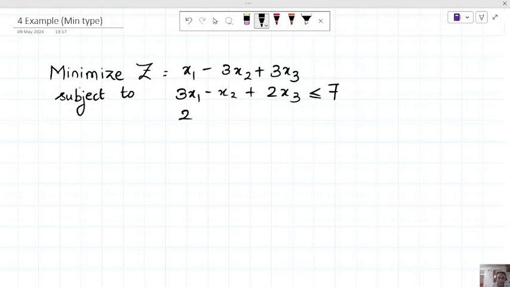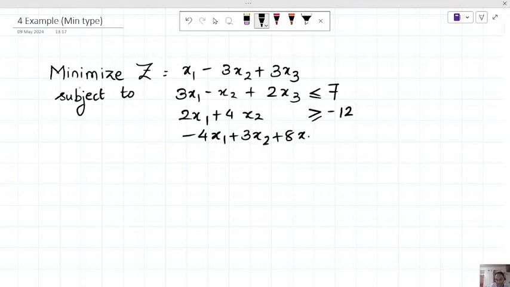The another one is 2x1 plus 4x2 greater equal minus 12. Minus of 4x1 plus 3x2 plus 8x3 less equal 10, where non-negativity conditions are x1, x2, x3 greater equal 0.